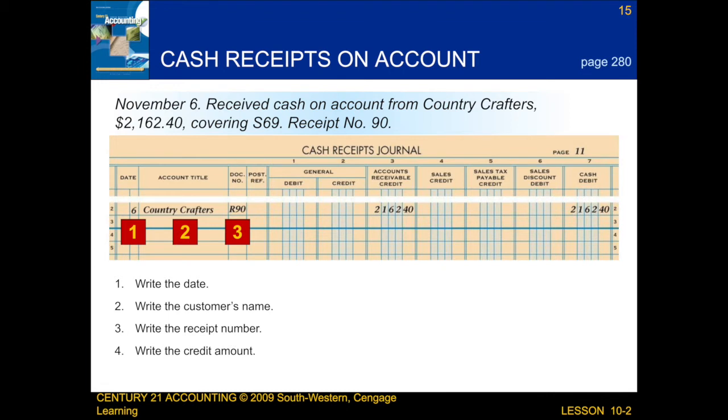Next, we write the credit amount, which is $2,162.40 in the accounts receivable credit column. And finally, we write the debit amount, which is $2,162.40 in the cash debit column.